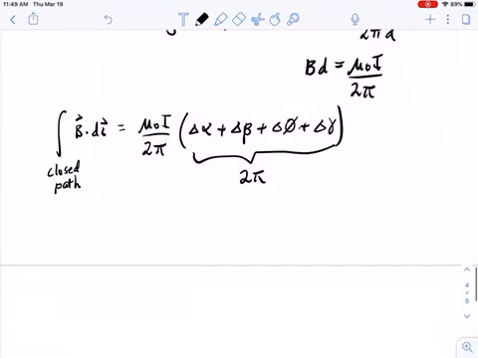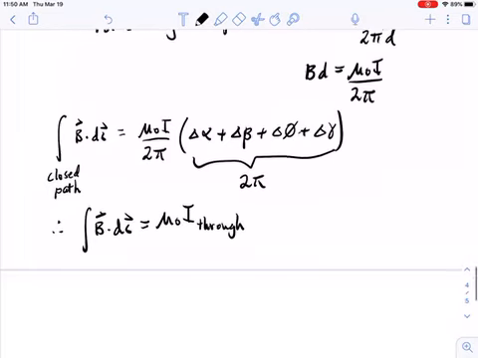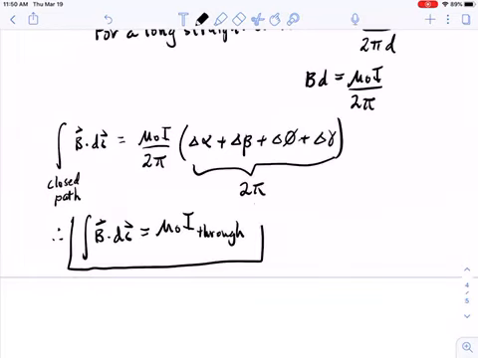And so therefore what we end up with is B dot ds is equal to mu naught I. The 2 pi's cancel, and we'll put our subscript back on that this is I through. So we've gotten the same result twice now.